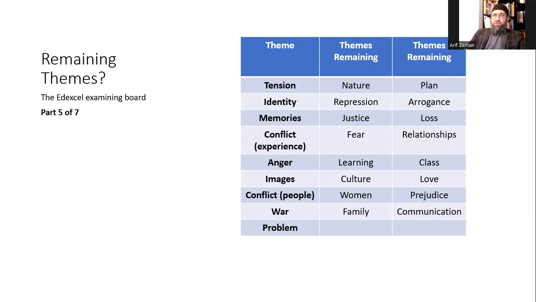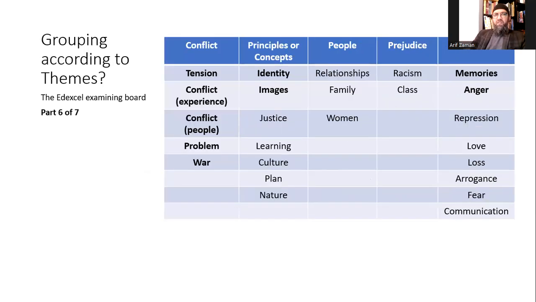So what do we do now? If we look at the grouping according to the themes, if we were to break these themes down and try to put them into some kind of groups, you have poems to do with conflict. So you have tension, conflict experience, conflict people, problem, and war all on the left. Notice they are in bold, which means that they've already come up.